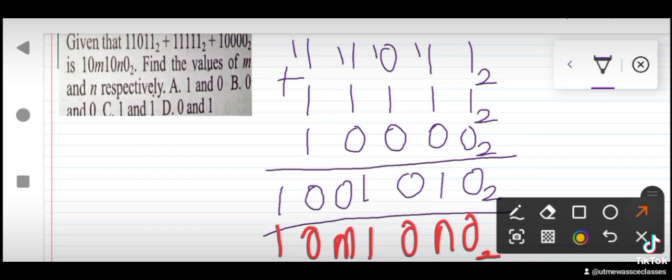We see 1 is 1, 0 is 0, so M is 0, 1 is 1, 0 is 0, and N is 1, 0 is 0. So from here, we can see that M is equal to 0 and N is equal to 1. M is 0 and N is 1 respectively, and that is option D.